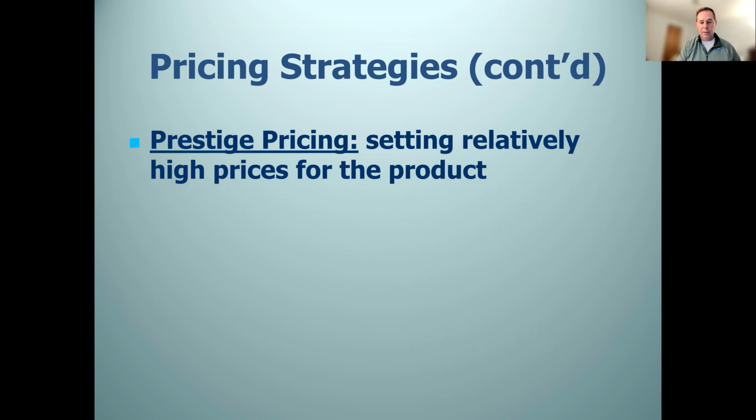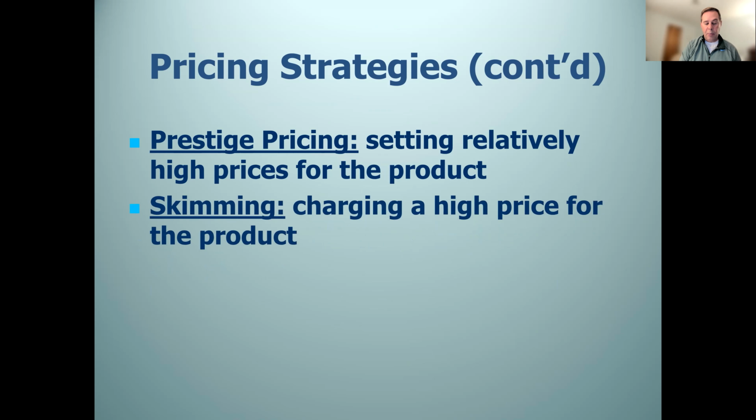Prestige pricing is setting a relatively high price for the product. So you're thought of as being the premier product supplier, and therefore by setting high prices, it's thought by the consumer that there should be a lot of value based on the higher prices.